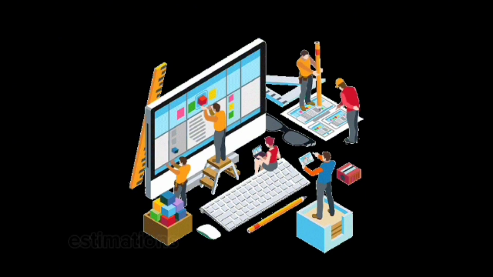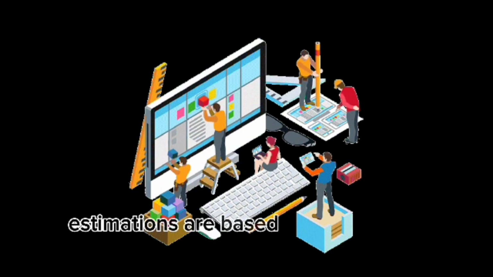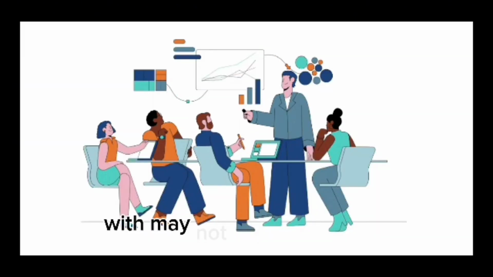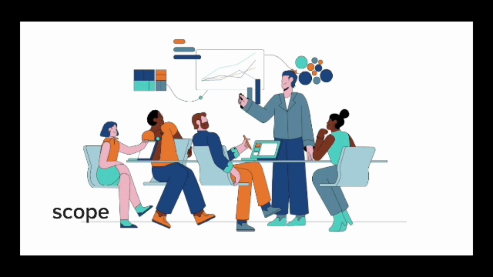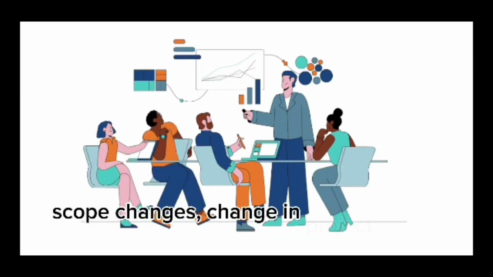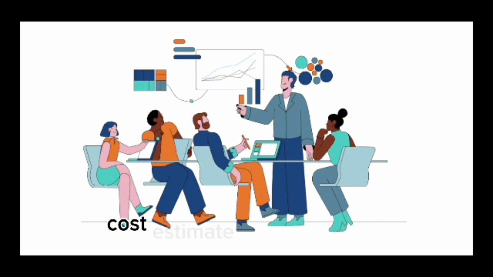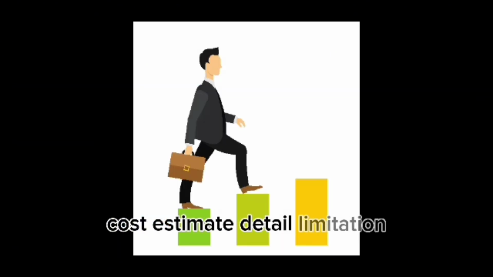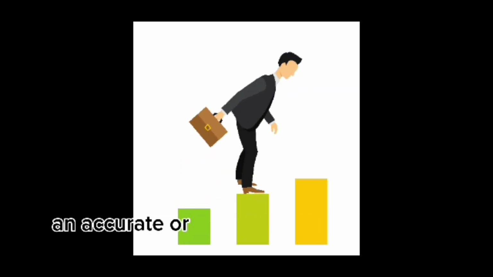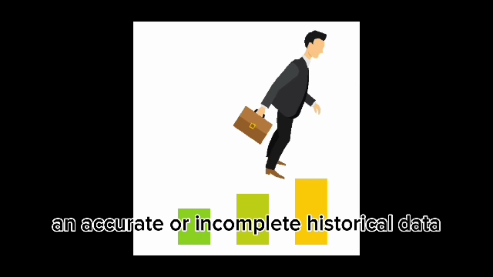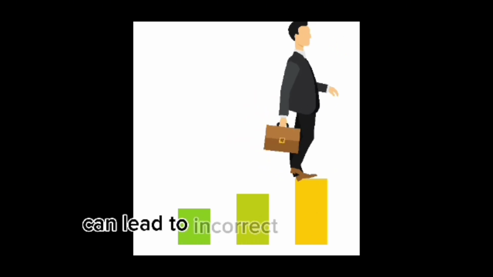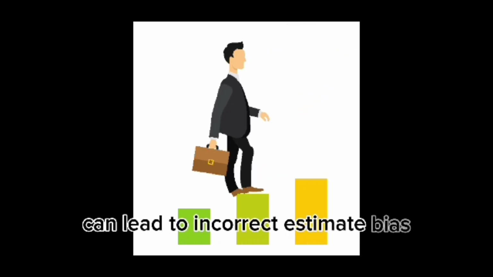Number 4. Challenges and risks. Uncertainty and assumption. Estimations are based on assumptions which may not always hold true. Scope change. Changes in project scope can affect the cost estimate. Data limitation. Inaccurate or incomplete historical data can lead to incorrect estimates.